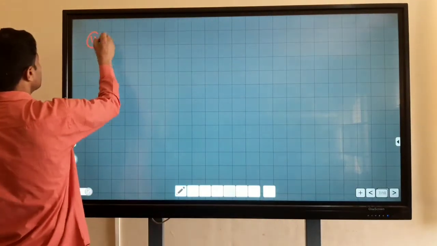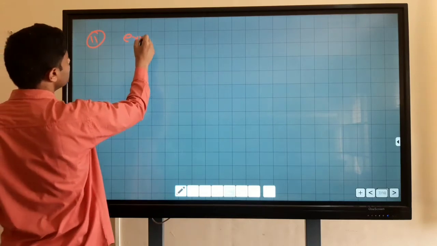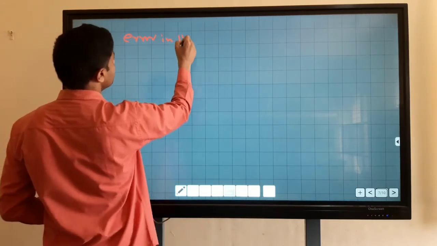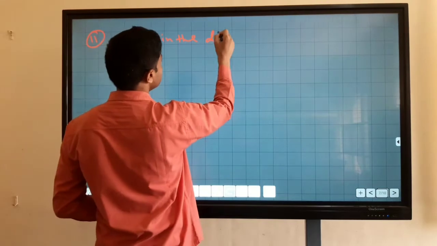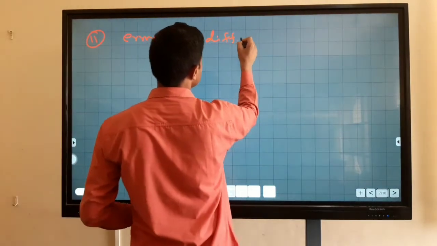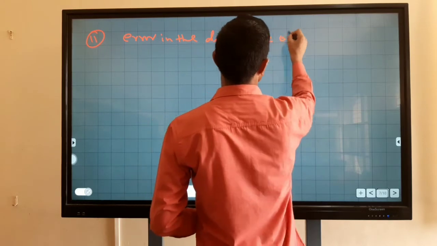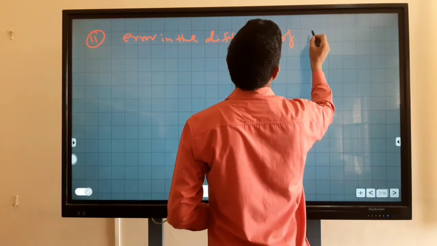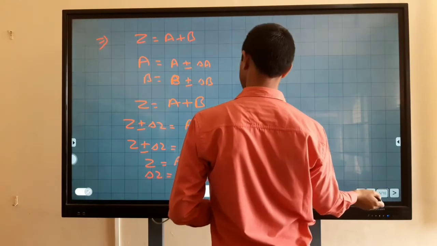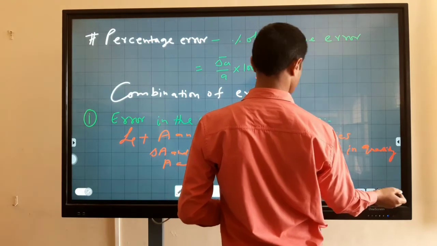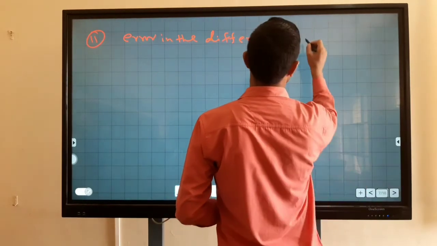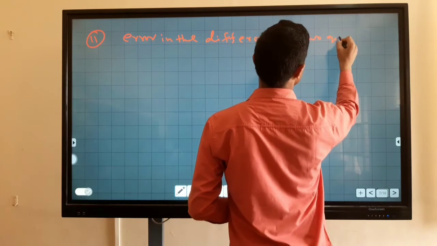Second, error in the difference of two physical quantities.